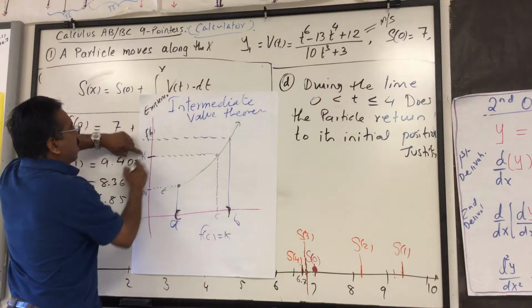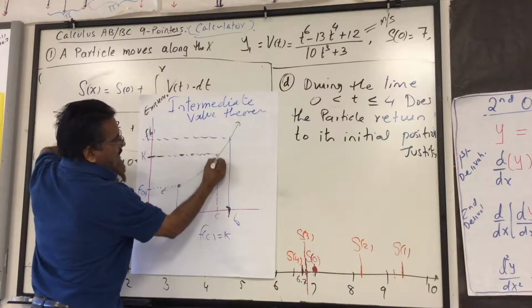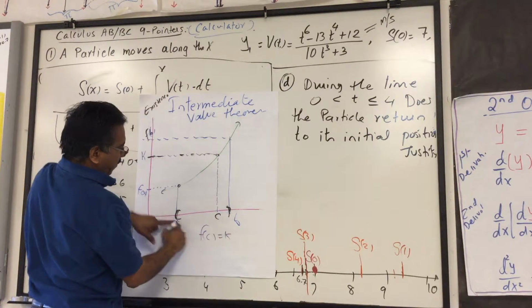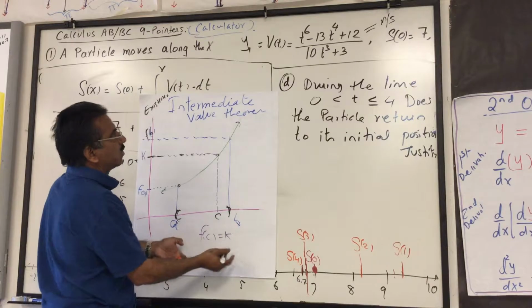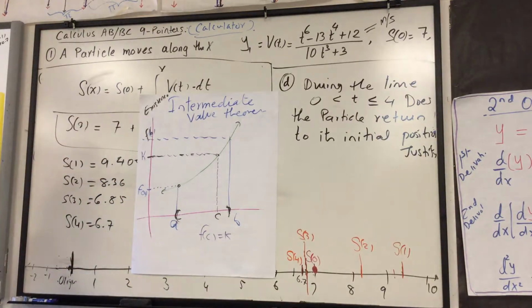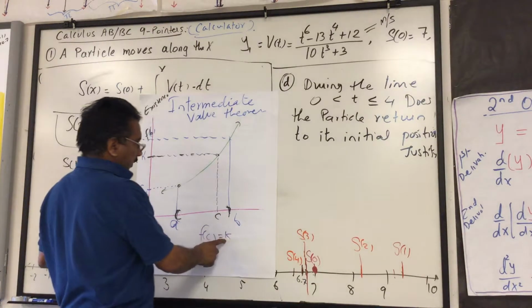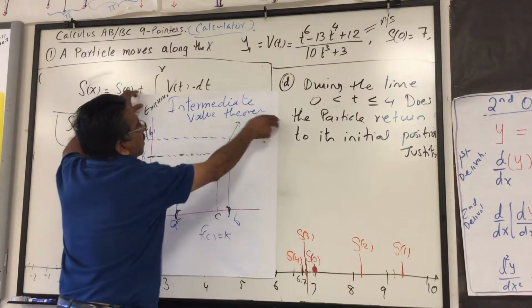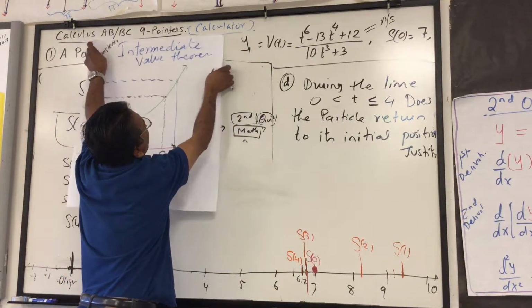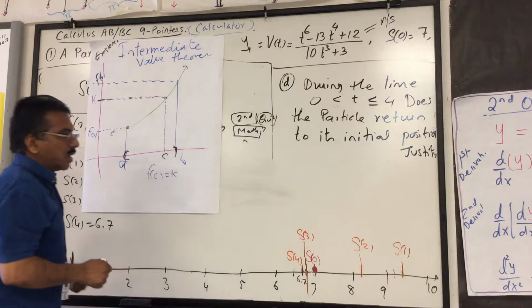Then for any k in between, there will always be a c between A and B such that f of c is k. So that's called the intermediate value theorem.